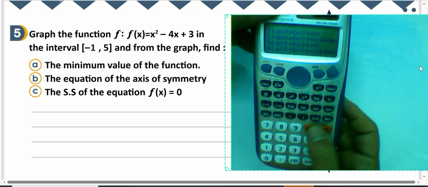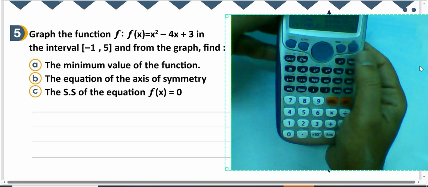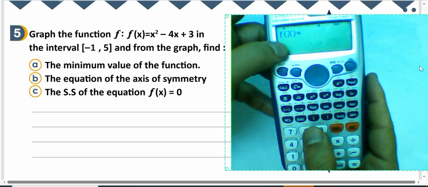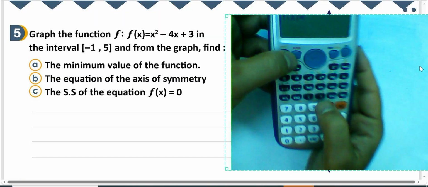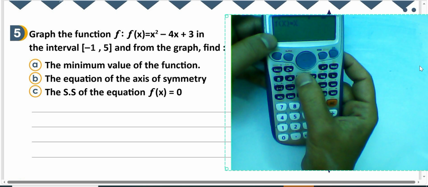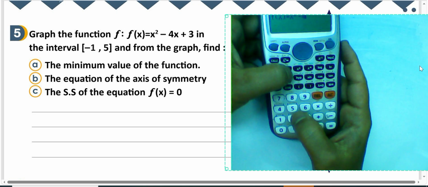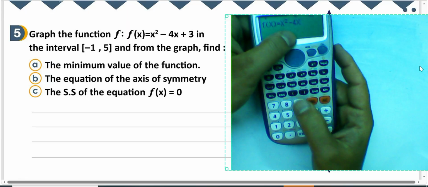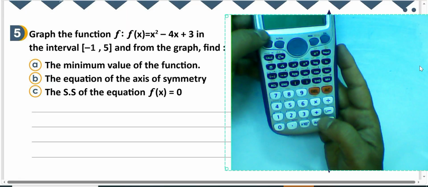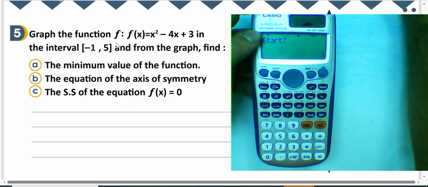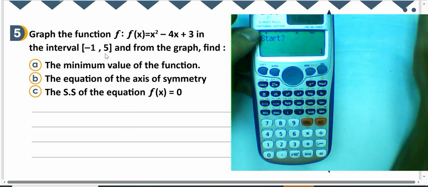No, we don't need the axis. I want to find a table. Okay, choose table, number 7, and write the function x power 2 then negative 4x plus 3, equals, and start. It asks you start from what? Start from negative 1. Look at here, the interval from negative 1 to 5.